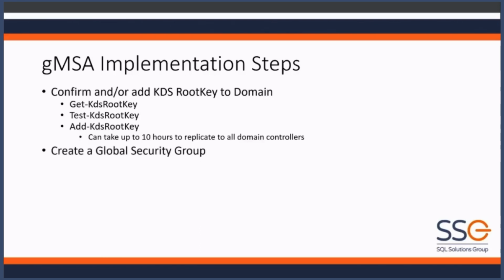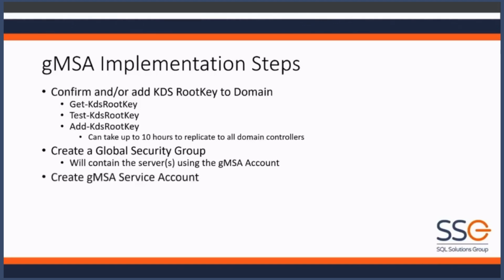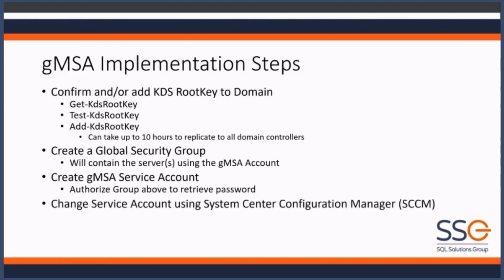You can then create a group which will contain servers that are going to use the GMSA. You don't have to do this. You can assign those computers directly to the GMSA. That's what we're going to do in the demo to make it simpler, but the preferred method would be to create a global security group. And then you create the service account. This is a specific type of account. You use an Active Directory or a PowerShell command to create it.